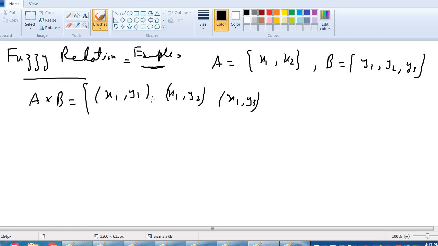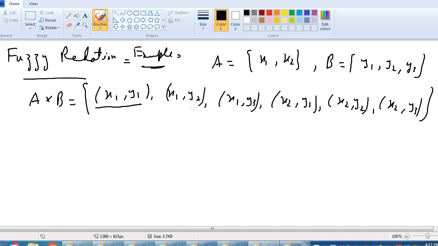These are the fuzzy numbers. Then x2 y1, x2 y2 and last is x2 y3. In this way, we just have to add their membership values or membership function.